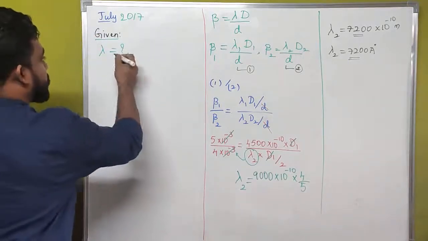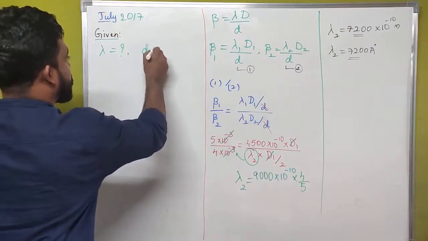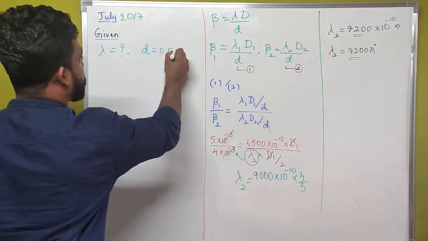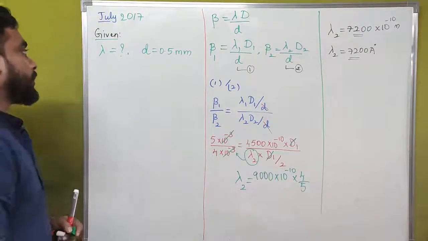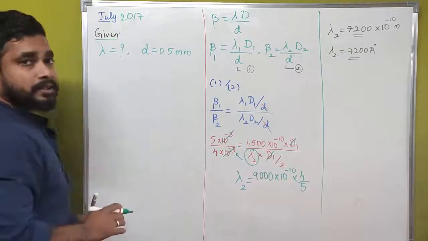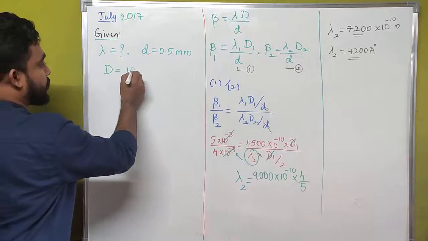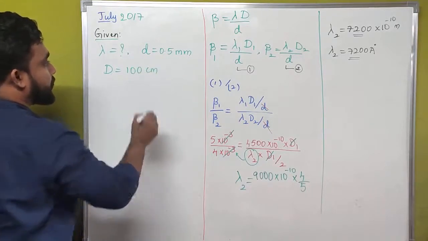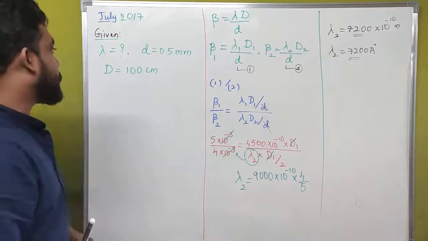The given thing here is the distance between the slits. The distance between the slits is small d, that is 0.5 millimeter, and the distance between the slit and the screen is 100 centimeter. That is capital D is equal to 100 centimeter.